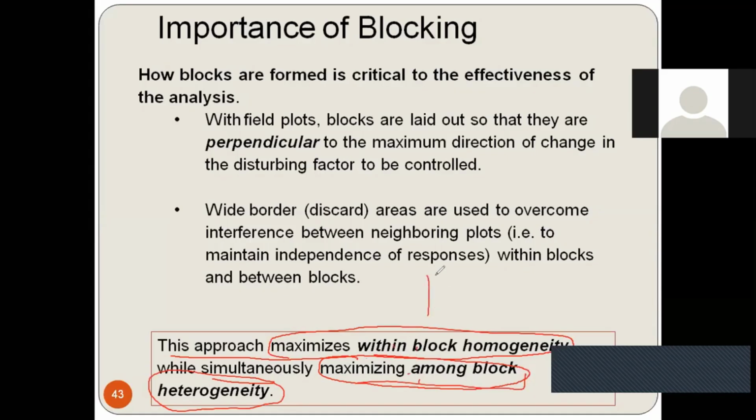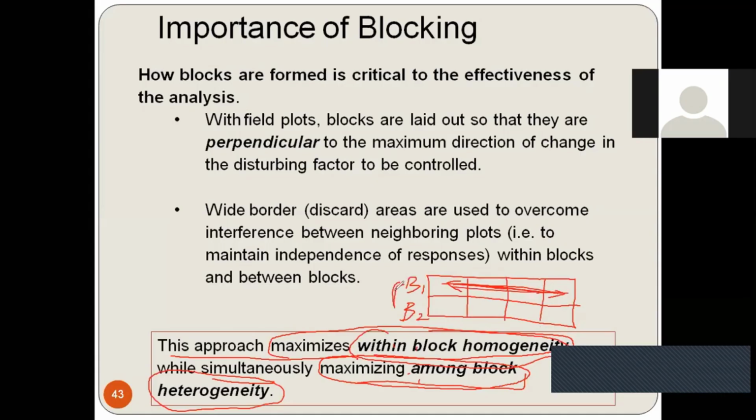So if you have a block, for example, let's say I have two blocks, B1 and B2. Within the block, we maintain the homogeneity.